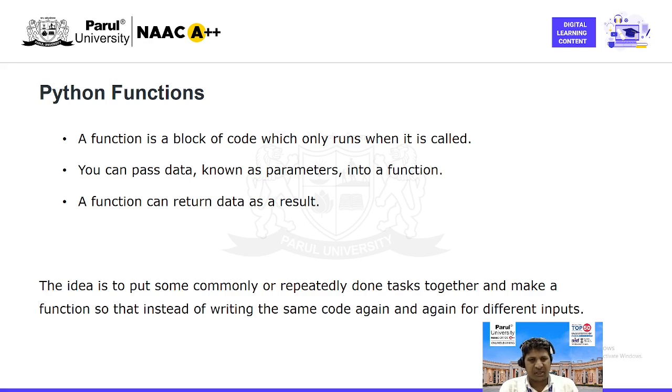A function is capable of repeating the same task at different places, so we make a function instead of writing the same code again and again for different inputs. Suppose you want to add two numbers like 5 and 10, and at a different place you want to add two other numbers, 10 and 20. At that time we should use functions.